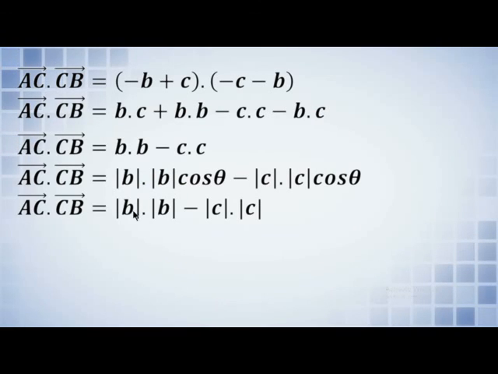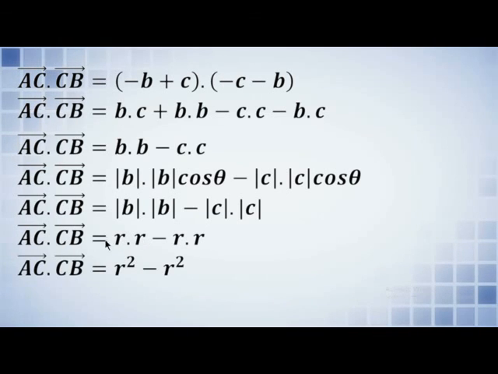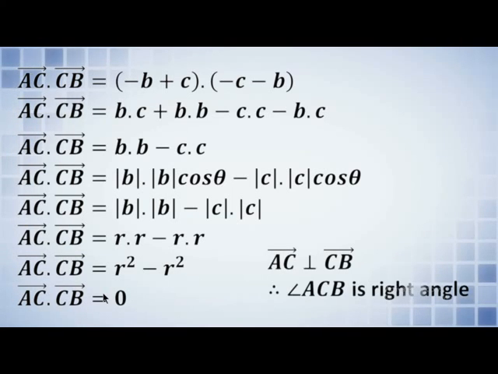So B dot B and C dot C are actually R dot R and R dot R. So AC dot CB equals R dot R minus R dot R, equal to R squared minus R squared. This is equal to 0. Because AC dot CB equals 0, it means AC is perpendicular to CB. Because they are perpendicular, it means angle ACB is a right angle.